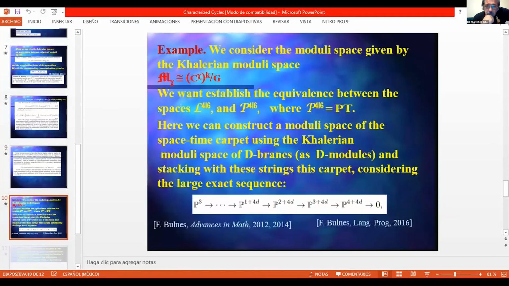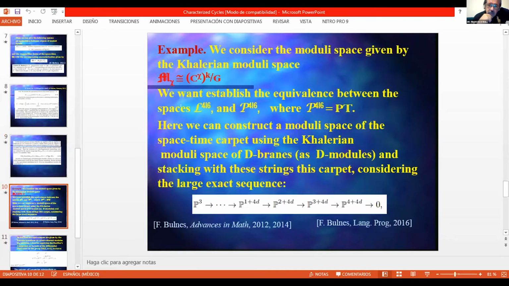As an example, we consider the model space given by the Kählerian model space. That is to say, the space-time modulo hypersurfaces, complex hypersurfaces, including the singularities. We want to establish the equivalence between the spaces and spaces, where these spaces are super projective, super twistor projective space.